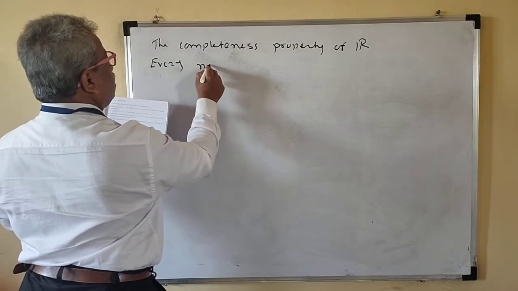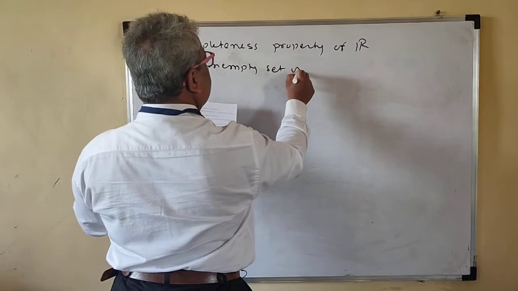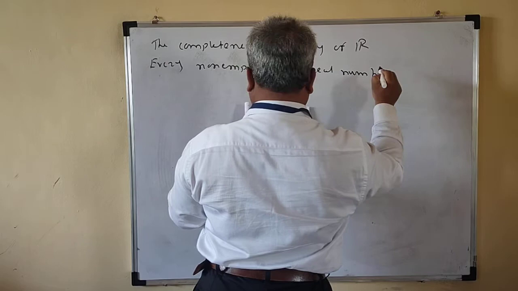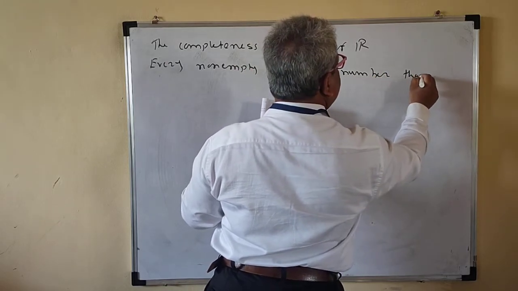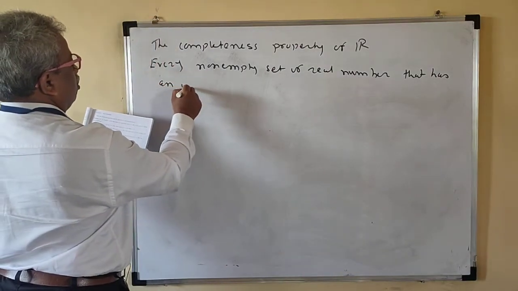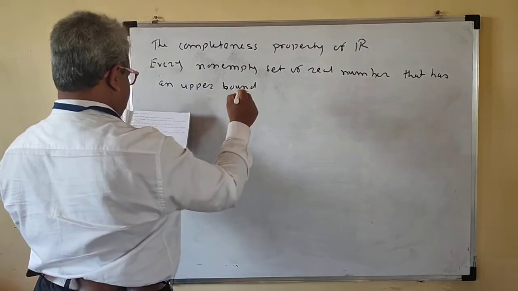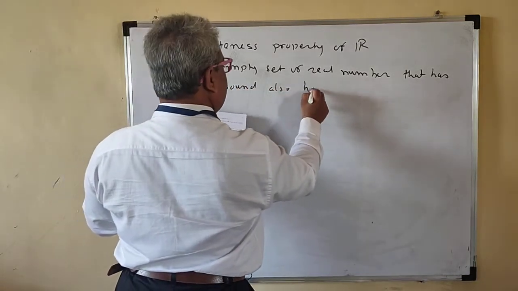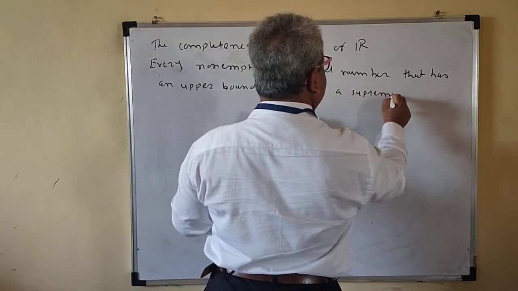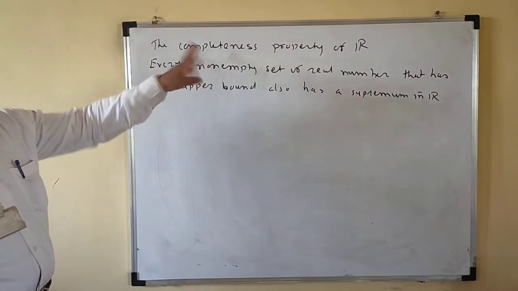Every non-empty set of real numbers that has an upper bound also has a supremum in R. This is obvious, but this is called the completeness property.